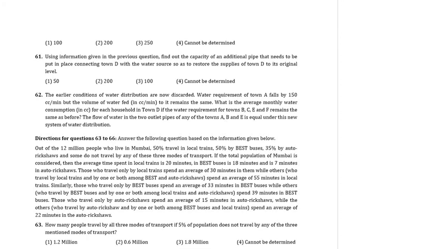But after that, you also had the average time spent in local trains, then BEST, and then people traveling in local trains spend an average time. So there were 2 parameters in this Venn diagram, and mapping both these parameters to each part of the set was a difficult task. That is where this set really became difficult.